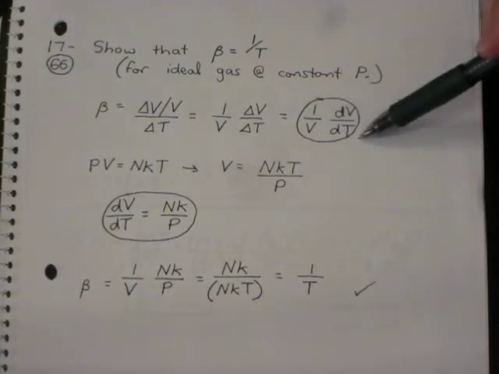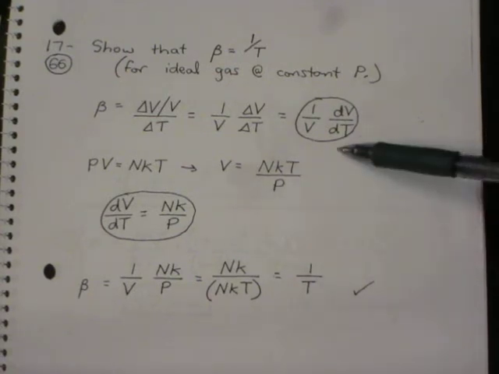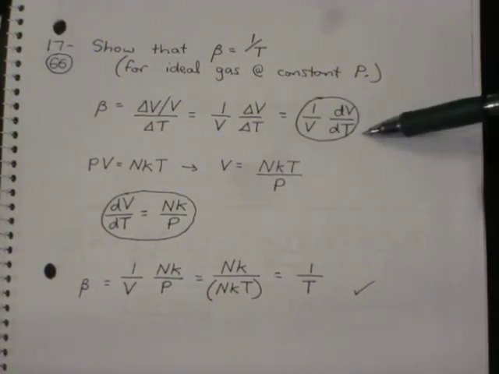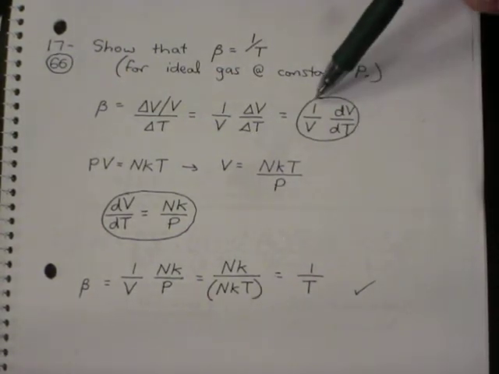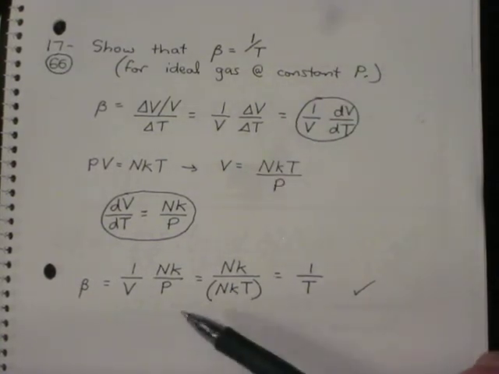But now we've got an expression down here circled. These are the two key expressions that I have circled. We're going to plug in for what is dV/dT. So it's going to be 1 over V times, and we'll plug in Nk over P. And that's what I have here.